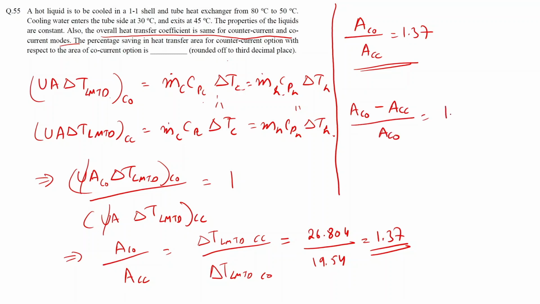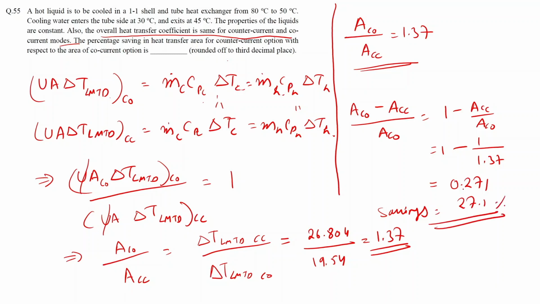This will be equal to 1 minus ACC upon ACO. This we can calculate, it will come around 0.271. So ultimately, in percentage, the savings can be written as 27.1%.